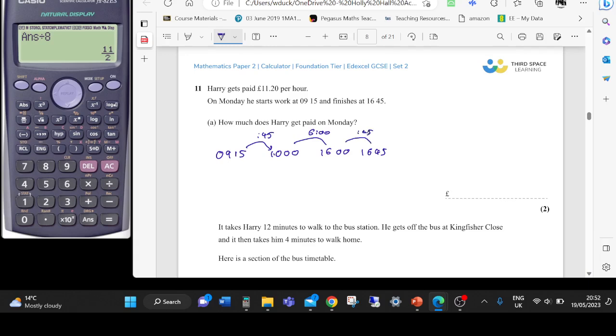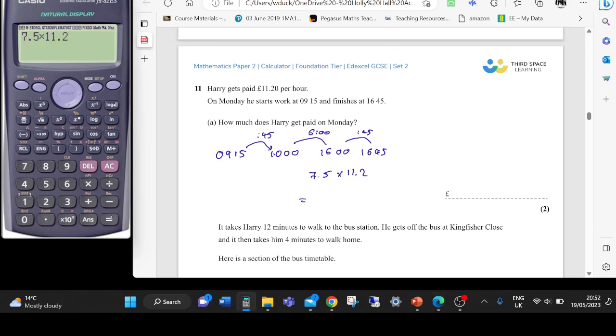So 2 lots of 45 is going to be 90 minutes or an hour and a half. So we're working for 7.5 hours. So I need to do 7.5 times 11.2. So 7.5 times 11.2 gives me £84.